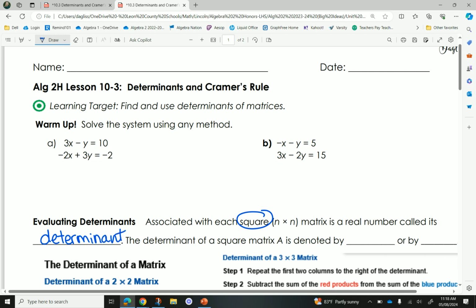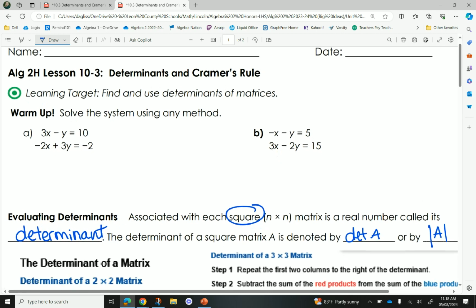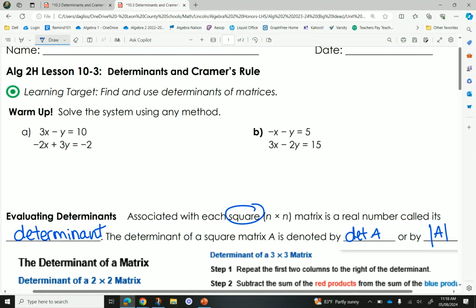Okay. The determinant of a square matrix A is denoted 2 different ways. You might see it with D, E, T, and then A, like that. Or by what you think are absolute value bars. Okay? So that's why I told you the hooks mattered. Because if you had just straight bars, it was something else. It's this.